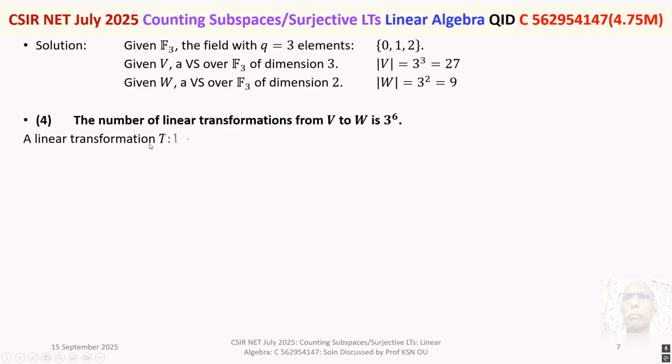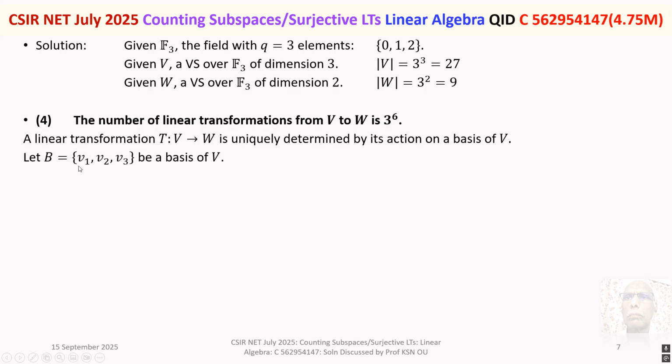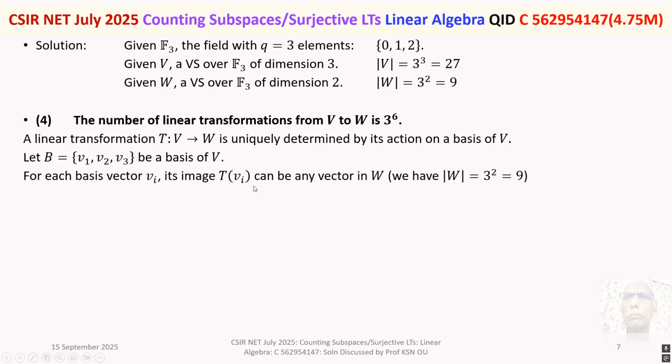Now, a linear transformation T from V to W is uniquely determined by its action on a basis of V. Let B, the set consisting of V1, V2, V3, be a basis of the three-dimensional vector space V. Now, for each basis vector Vi, its image T of Vi can be any vector of W, where W has 9 elements.